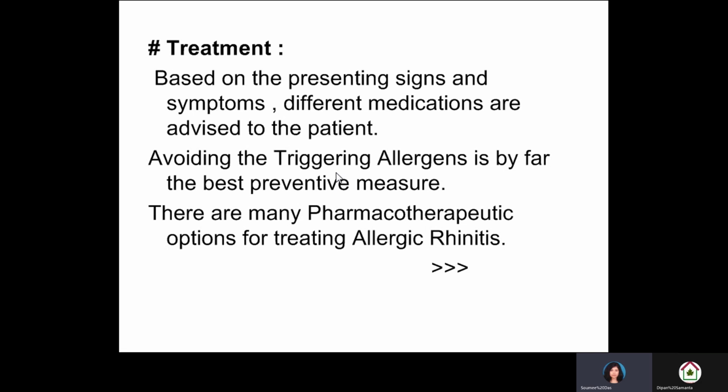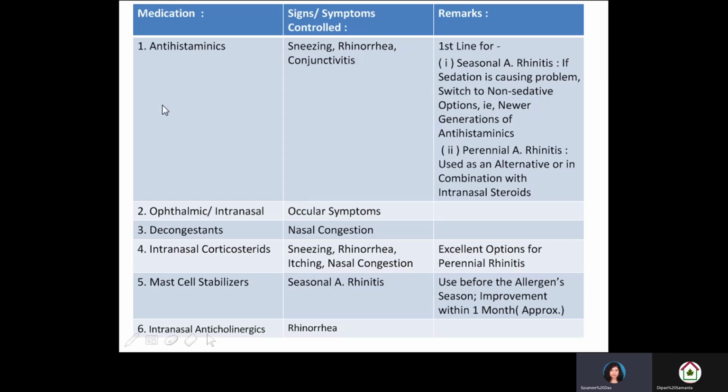Next, there are many pharmacotherapeutic options for treating allergic rhinitis. So for the treatment of this allergic rhinitis, there are many drugs which act on different principles that can be administered to control it. So we will see the options one by one.